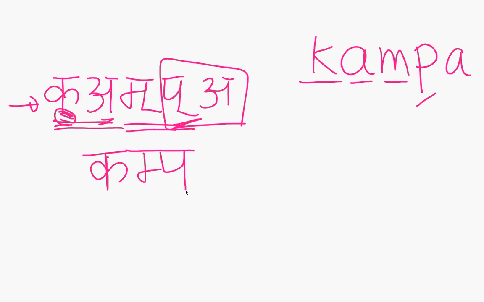So it is written like this, Kampa. Both are the same, and the pronunciation also remains the same. But we usually find it in Devanagari writing like this, which in transliteration schemes you find like this, Kampa. Okay.